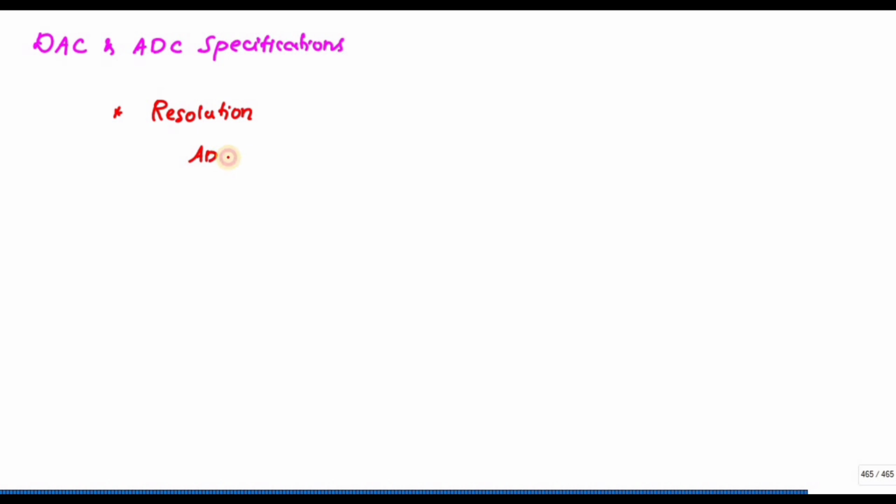The resolution is defined as the smallest change in the analog input. Here in an ADC, analog is my input and digital is my output.